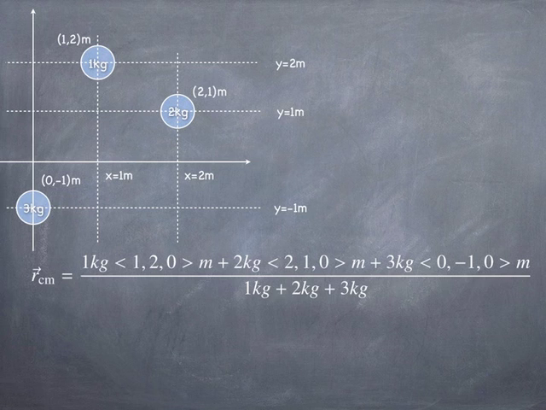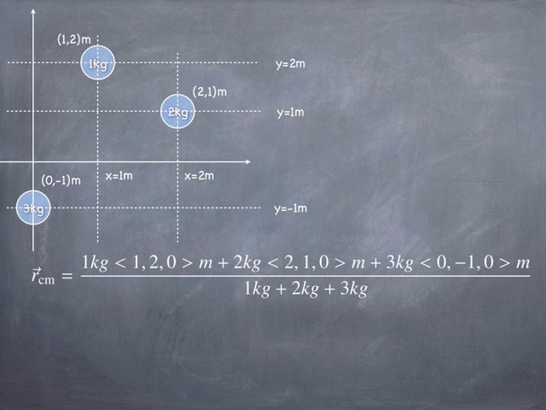Before I continue, I ought to point out that if you divide the 2 kilogram mass into 2 1 kilogram masses and the 3 kilogram mass into 3 1 kilogram masses, then you can see that what we're computing here is nothing other than the average position, the straight arithmetic mean, of the position of all the 1 kilogram masses that make up this system.